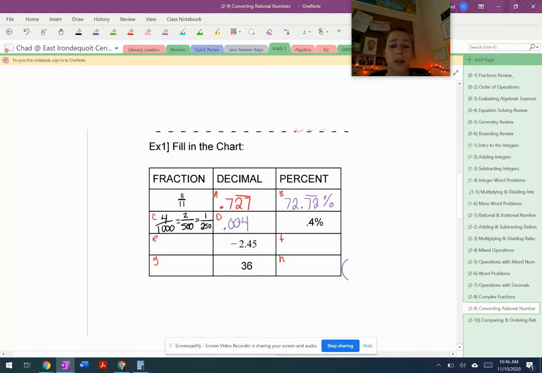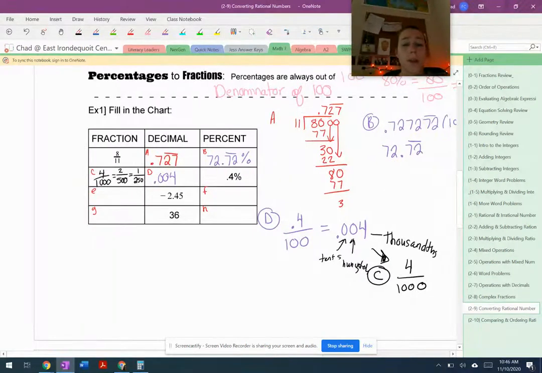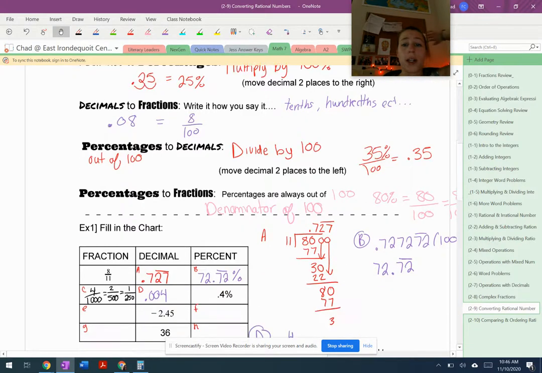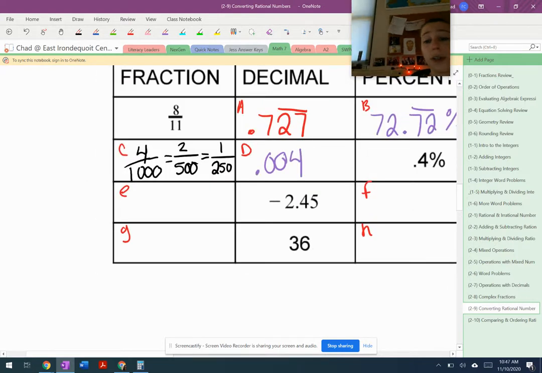Okay, moving forward. In the next one, they're starting us off with a decimal, and they want us to go to a fraction and to a percent. For a decimal to a fraction, we write it how you say it. This decimal is -2 and 45 hundredths. It's going to be a mixed number because I have that whole number there.